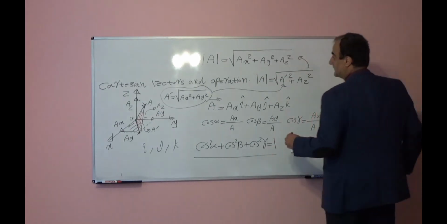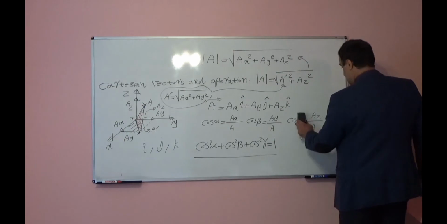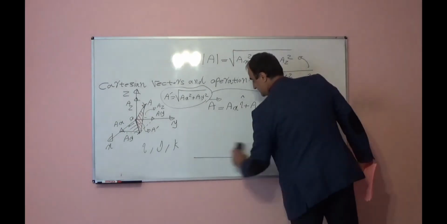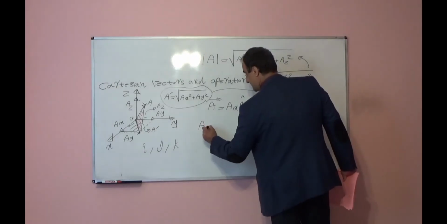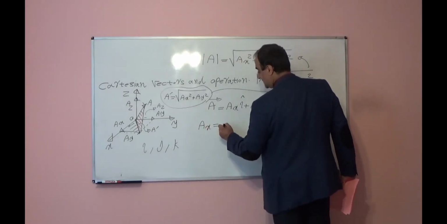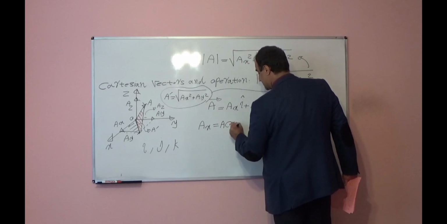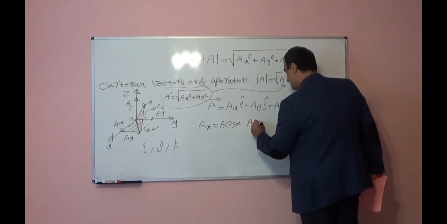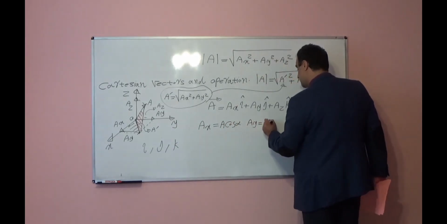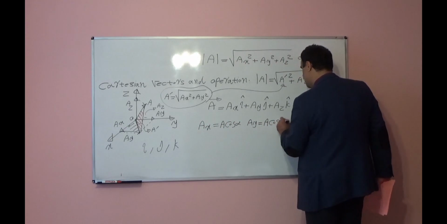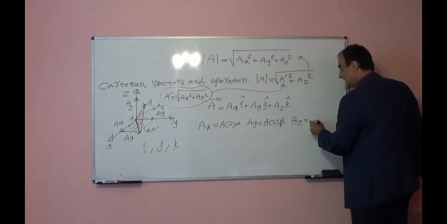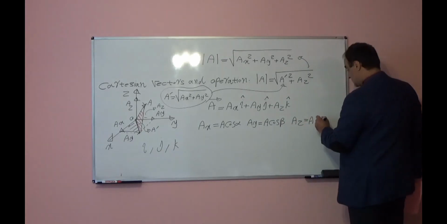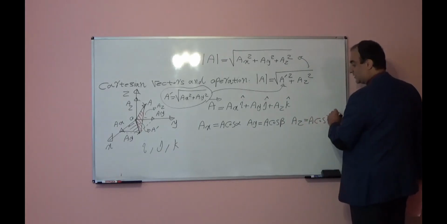Now, if we write instead of Ax, Ax is equal to A cosine alpha, Ay is equal to A cosine beta, and Az is equal to A cosine gamma.